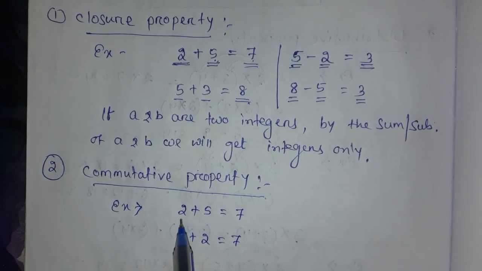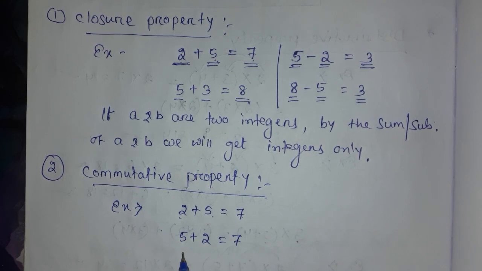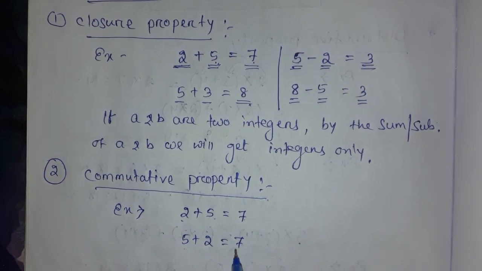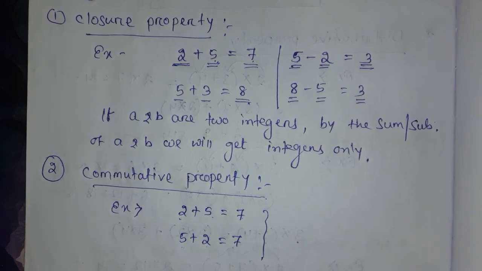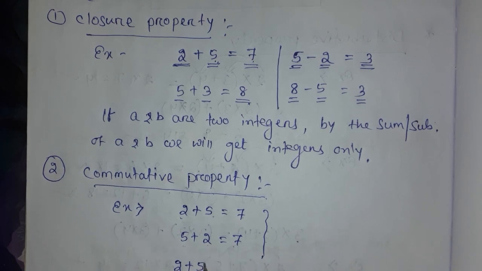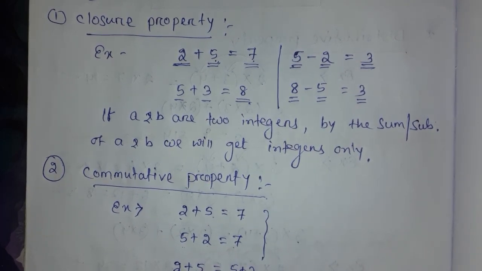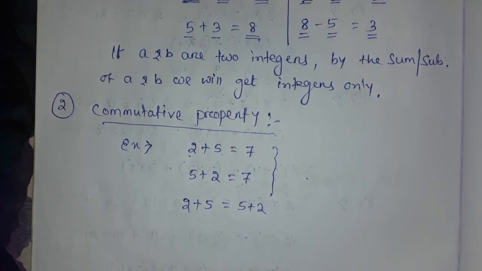Here I added 2 with 5, the result is 7. Here I added 5 with 2, the result is 7. That means in both cases the result is the same. From these two I can say 2 plus 5 is equal to 5 plus 2.